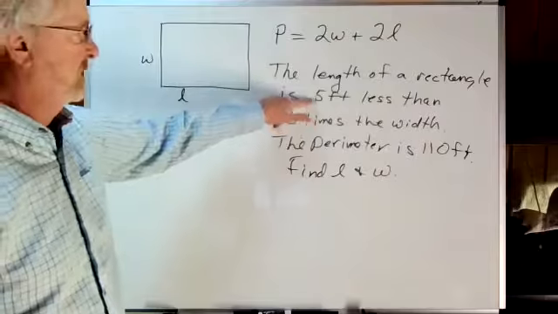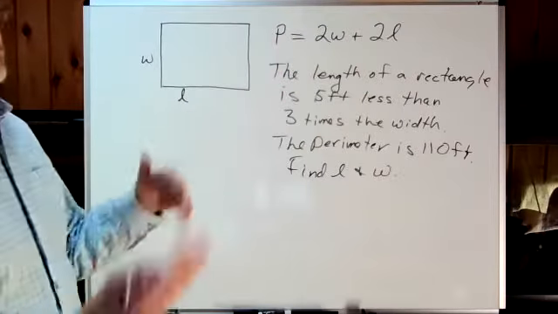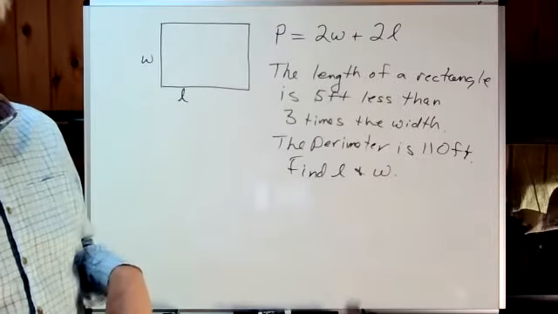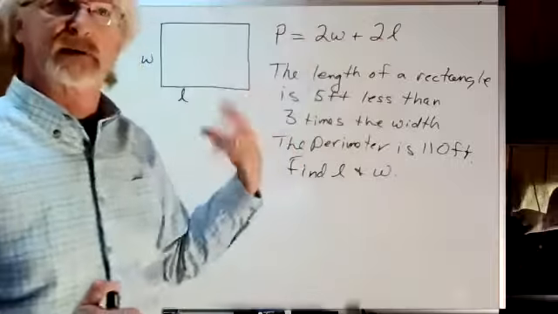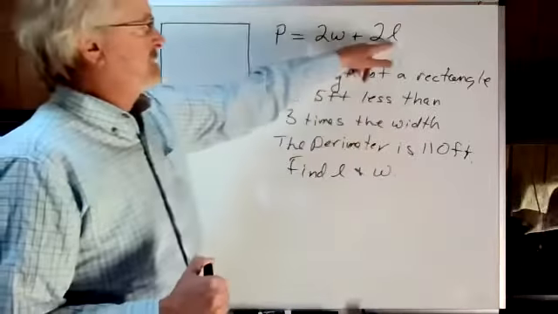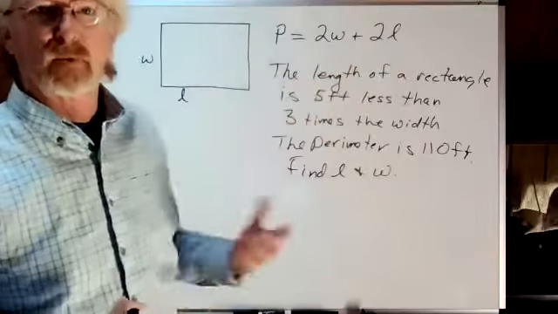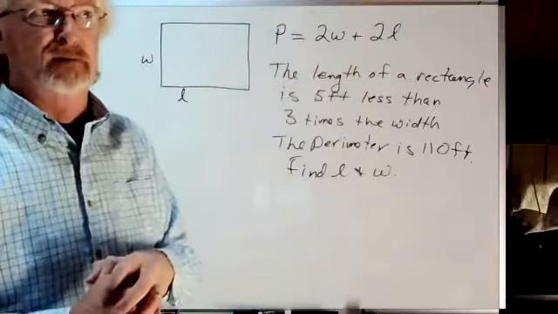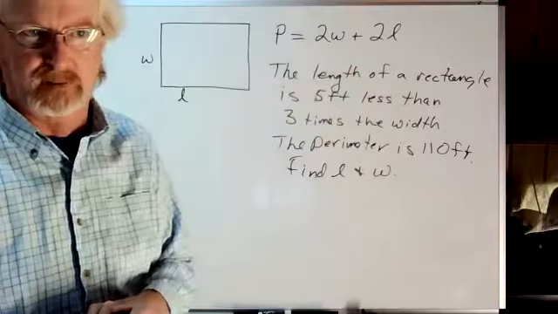And then I have this description that describes the length in terms of the width. So really, I don't have to use the L. I'm going to put in a replacement expression that describes the length, as the sentence did, using the width. So then I really will only have an equation that has one variable, my W in it, the width.